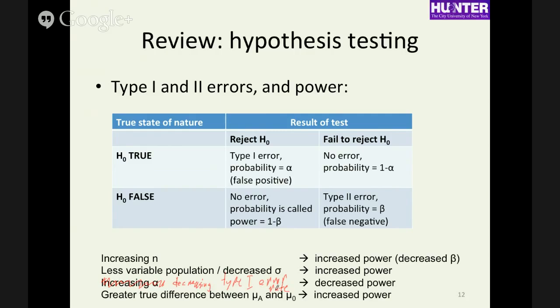Yeah, okay, so what does it mean to lower alpha from 0.05 to 0.01? That means that if the null hypothesis is true, instead of incorrectly rejecting it 5 times out of 100, we'll only incorrectly reject it 1 time out of 100. To be that much more confident in rejecting, to have that much less of a chance of incorrectly rejecting, you need more evidence, or for the same amount of evidence, you need a more extreme sample.